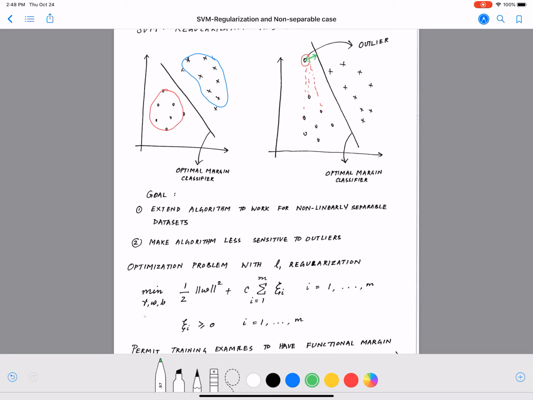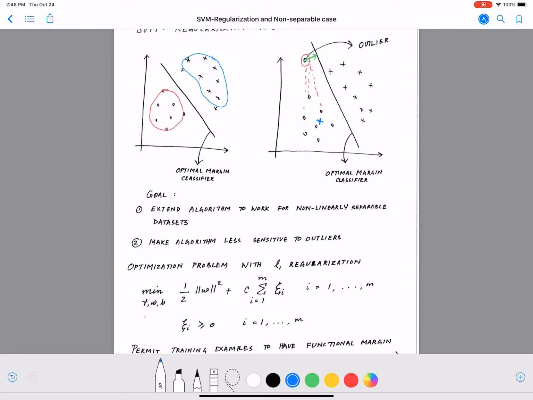So our goal here is twofold: extend the algorithm to work for non-linearly separable data sets. So this also helps in addressing that important problem. For example, let's say there's a point, a cross, here.